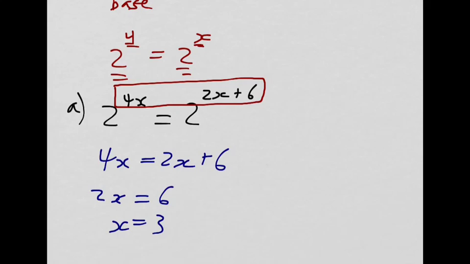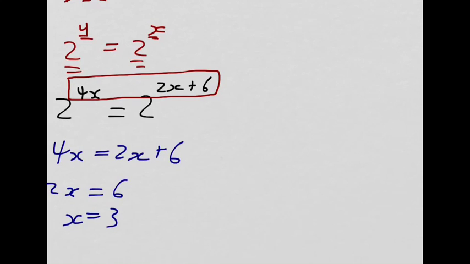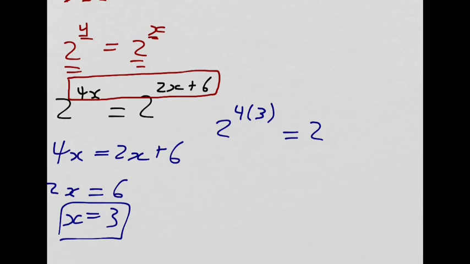Just to prove to you that this does work, let's test that value, x equals 3. We'll substitute it in the left and right side. So 2 to the power of 4 times 3 should equal 2 to the power of 2 times 3 plus 6. This is 2 to the power of 12 equals 2 to the power of, this goes to 6, and 6 plus 6 is 12.